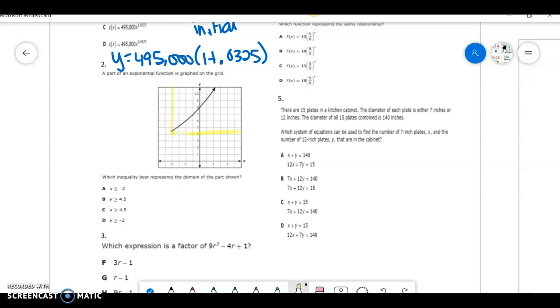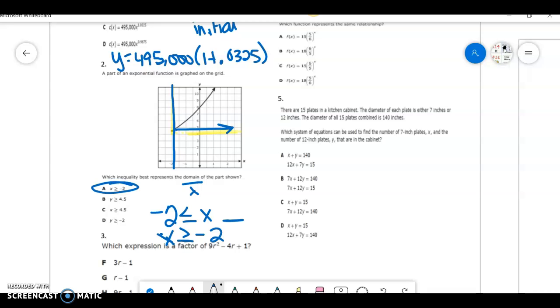We know that domain means x, so I'm looking only from here on, and I'm at -2, and it's -2 is less than or equal to x, and I don't have an upper. So at that point, I'm done. Now notice these are written the other way. Remember, if we're going to flip-flop it, then we have to make sure we flip-flop that inequality.